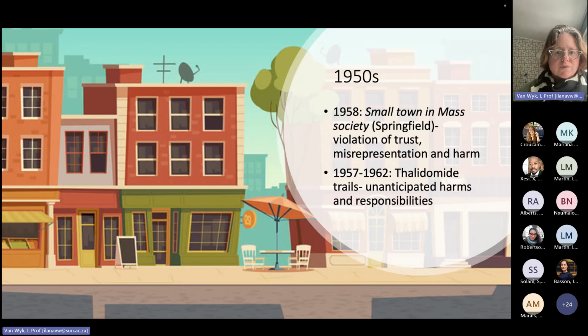So thalidomide, for those of you who don't know, was a medication given to women who were pregnant and nauseous, and they would take this medication, but it led to severe disabilities in the children that were born. Now, when this drug was developed, the scientists didn't anticipate such harms, very obviously.